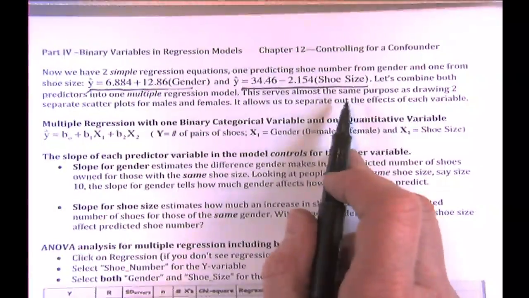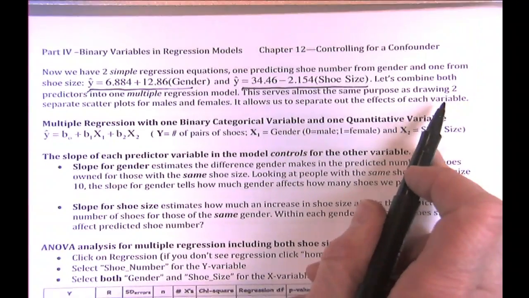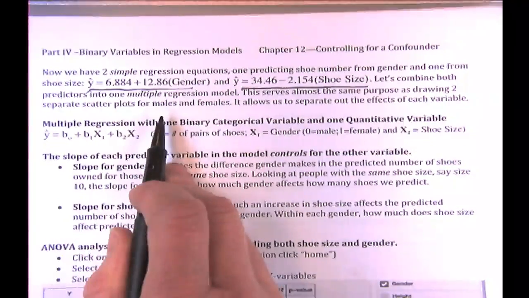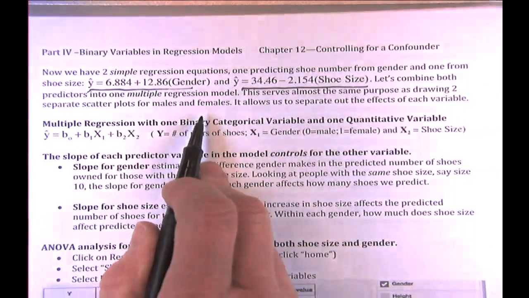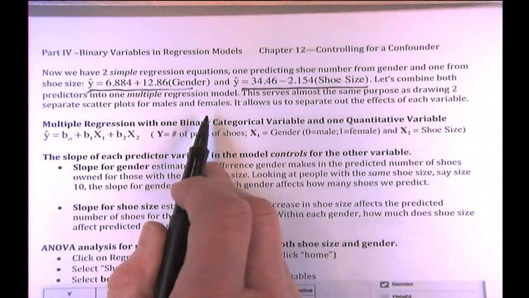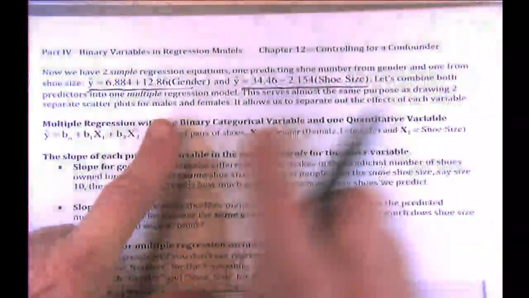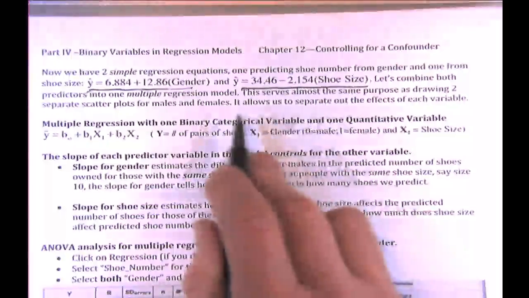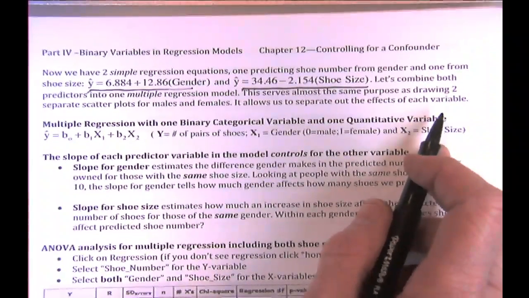It serves almost the same purpose as stratification, as drawing two separate scatter plots for males and females. Almost, I'm saying. It's not exactly the same, as you'll learn in a minute, but it allows us to separate out the effects of each variable.